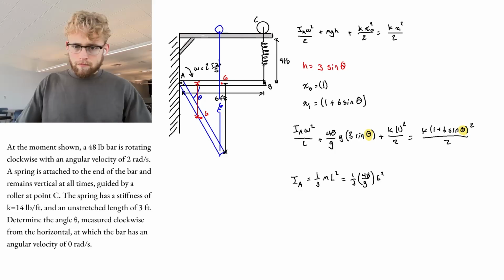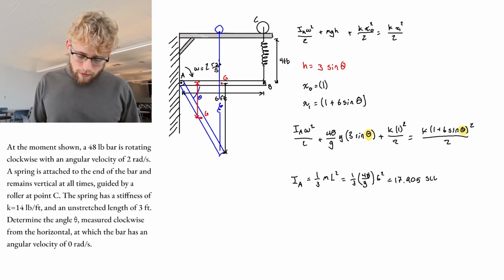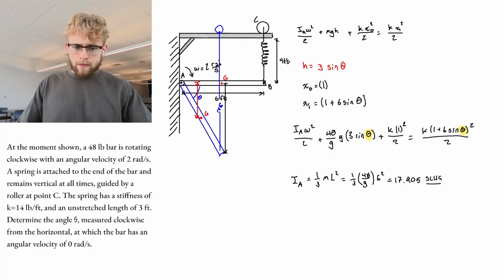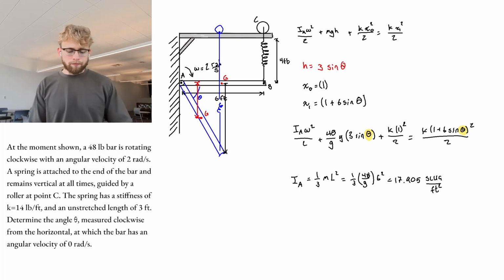Okay. And what we get from that out of the calculator is 17.905 slugs per, let's see, what's the unit? Slugs per feet squared. Okay.